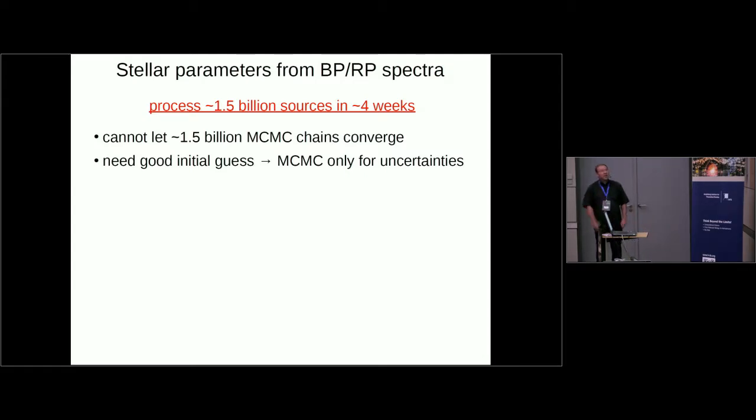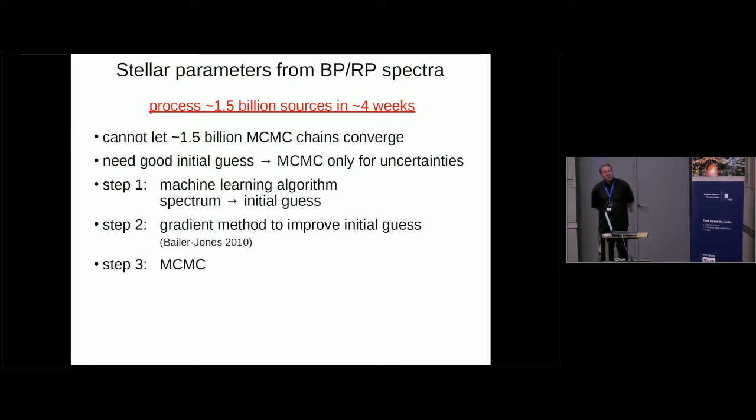So that means we need a very good initial guess for this MCMC. And then we only run it to relax. And once it's relaxed, we use it to provide the uncertainty estimates. So that's why we came up with this 3-step approach. We first use some machine learning algorithm, which just goes directly from the spectrum to the initial guess without any kind of iteration.